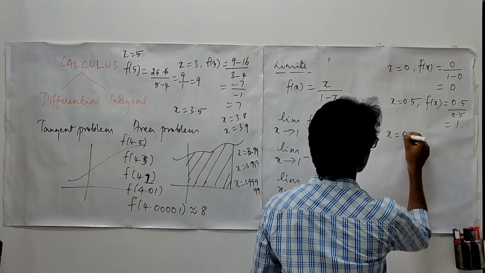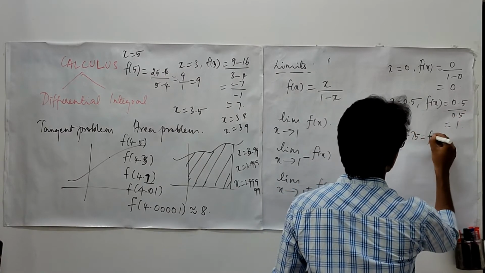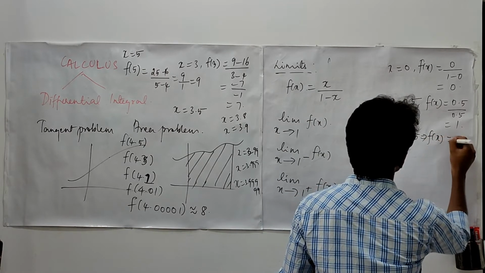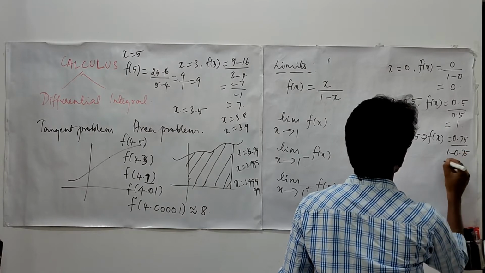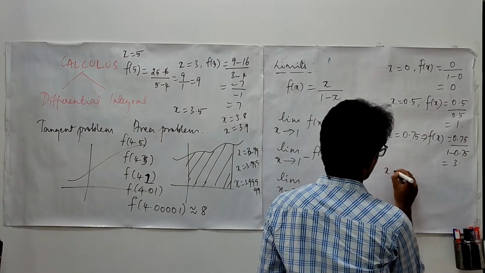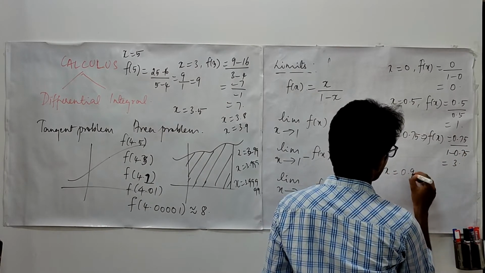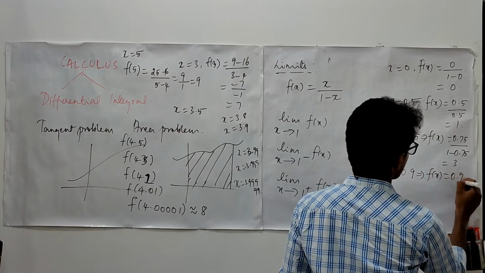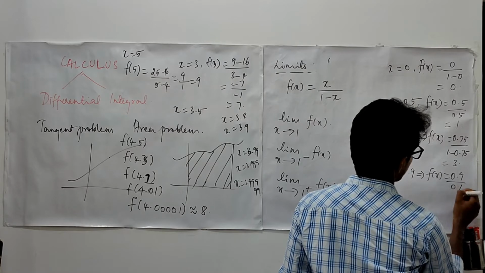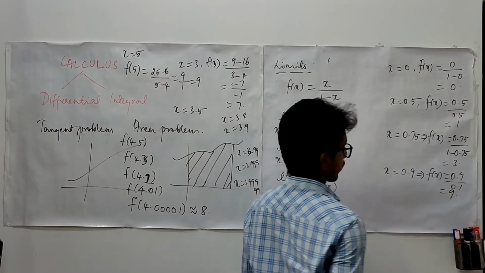When I take x is 0.75, my f of x is 0.75 upon 1 minus 0.75, it is going to be 3. When I take x is 0.9, my f of x is 0.9 upon 0.1, so it is going to be 9.